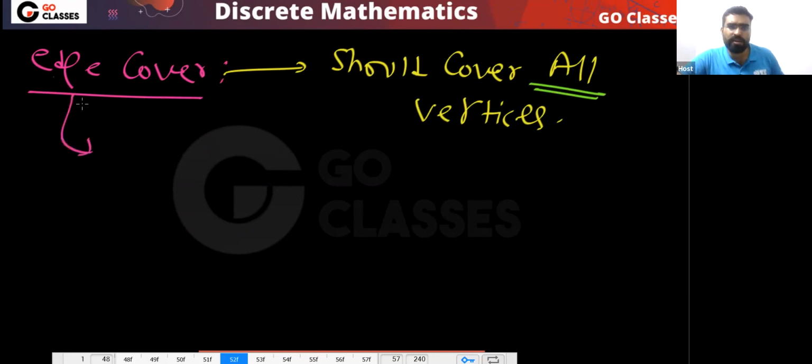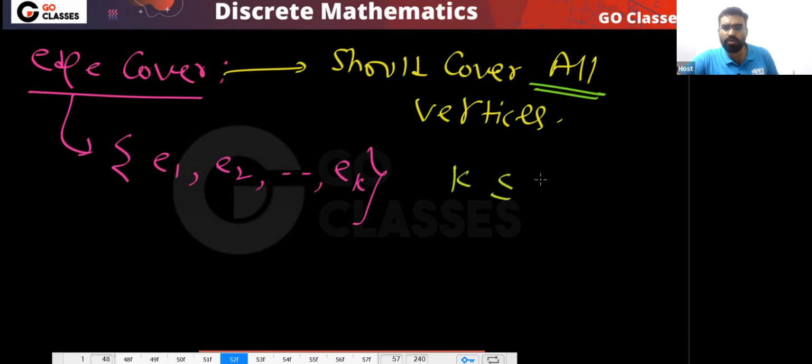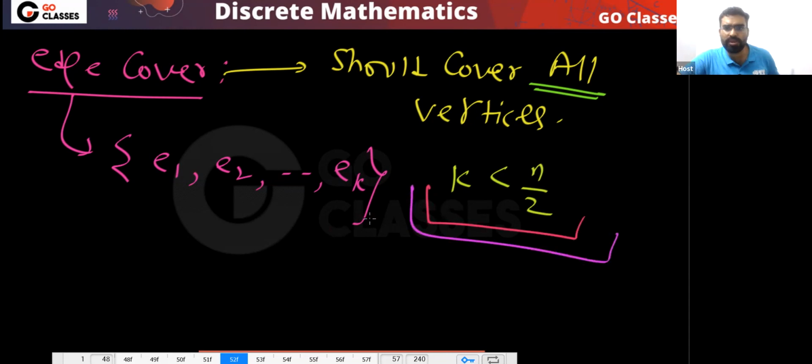If your edge cover has E1, E2, and so on up to EK, and let us assume that K is less than n by 2, then what will happen?